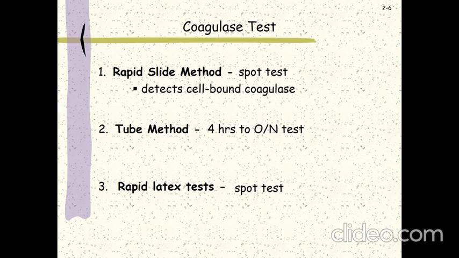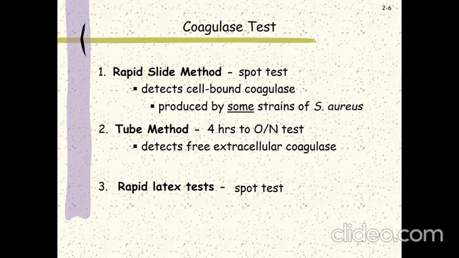Now, Staphylococcus aureus is also capable of pumping it out, creating extracellular coagulase. So it's outside the cell, it's not attached in any way, it's just out there. So this free extracellular coagulase would then float into solution.